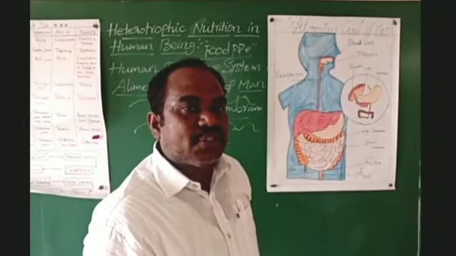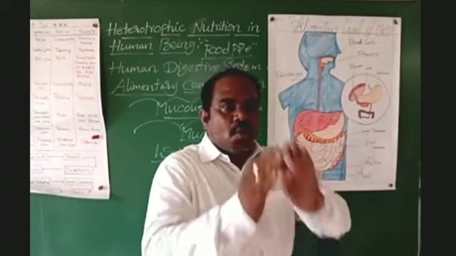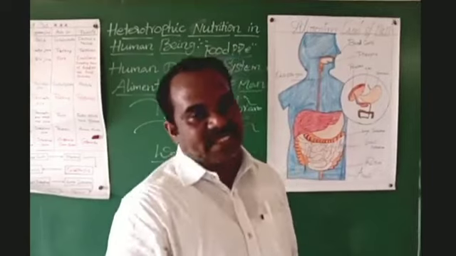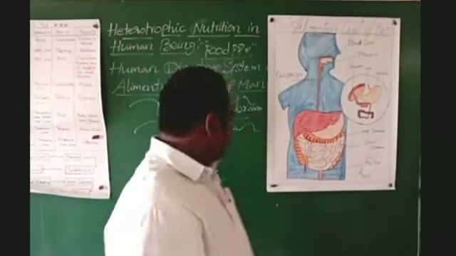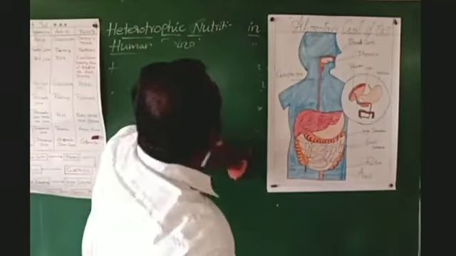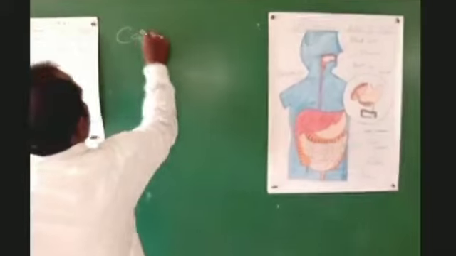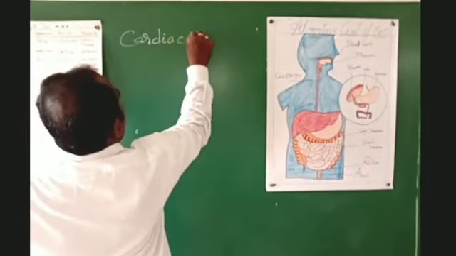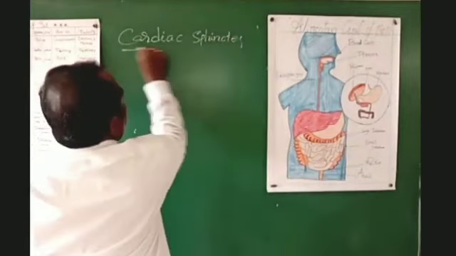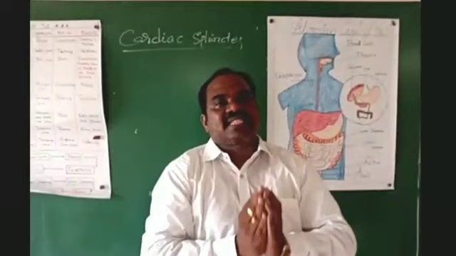Esophagus opens into the stomach. At the opening part of the stomach, a sphincter is present. What is that? Cardiac sphincter. The cardiac sphincter is present in the stomach.